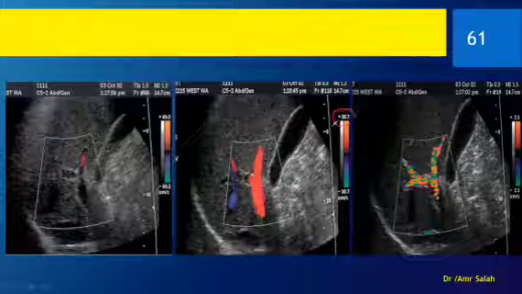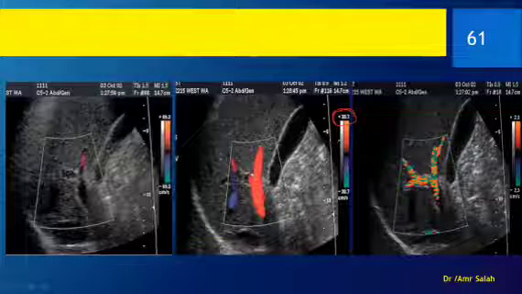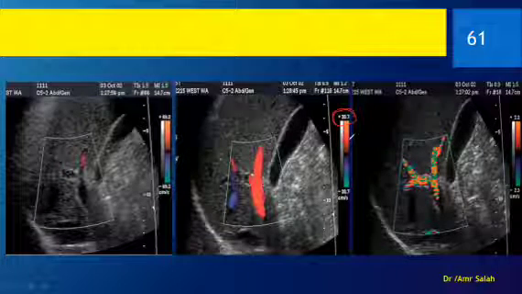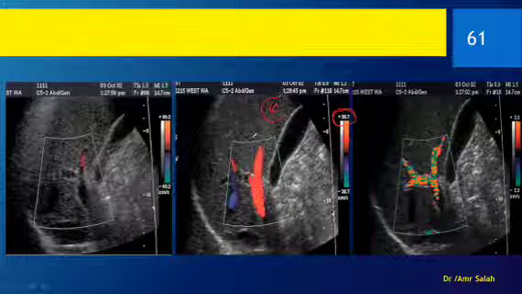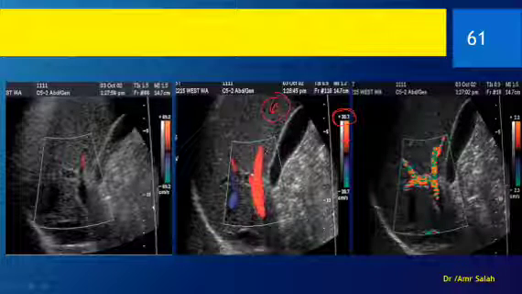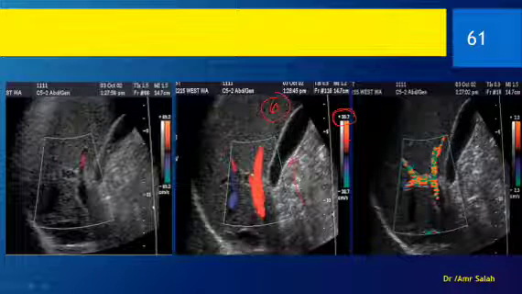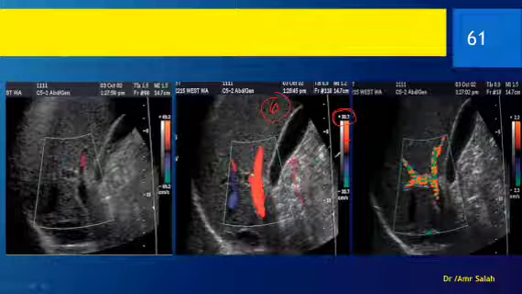Here the BRF or the velocity is just 230, and we have here all the color dark. So the velocity of the blood here is around here, and it is really around 10. Okay, so in this image I can detect the direction towards the probe and the velocity of the blood.